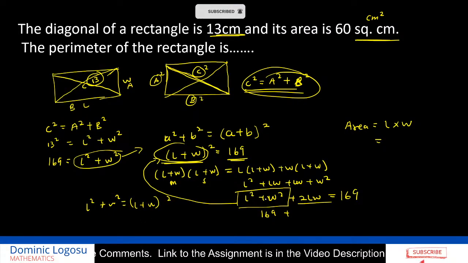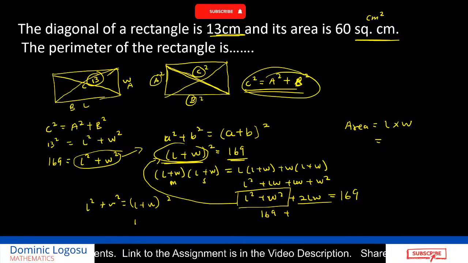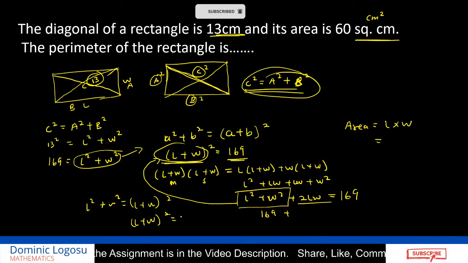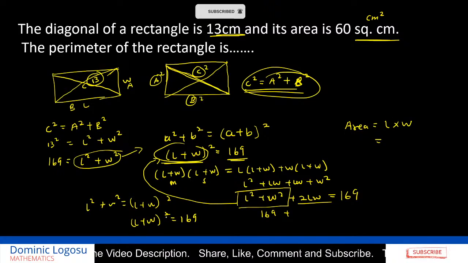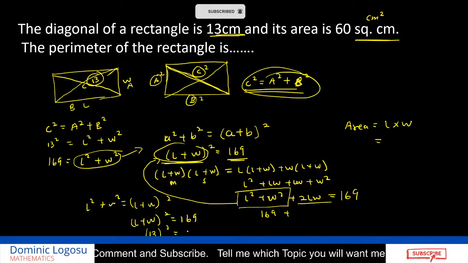And we are saying that L squared plus W squared should be L plus W, should be equal to 169. And then we are saying, two numbers that when we add and we square, we should get 169. Two numbers. This will give us 13 squared.